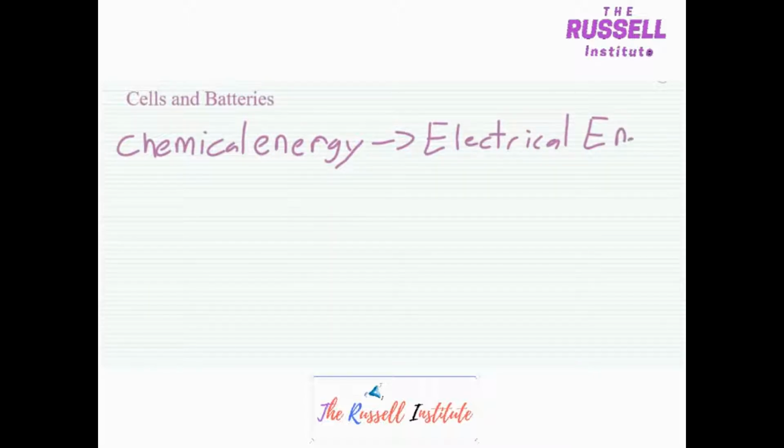If you are familiar, you will know that energy cannot be created nor destroyed. It can only be transferred from one form to the next. So cells contain energy in the form of chemicals, and then they convert it to electrical energy.